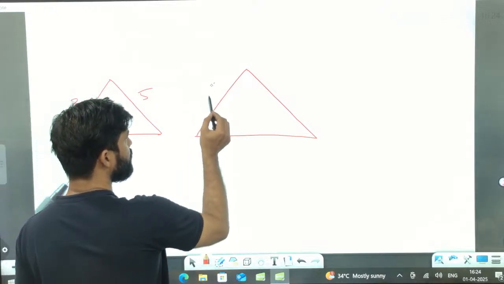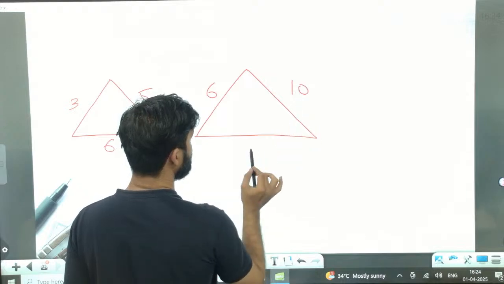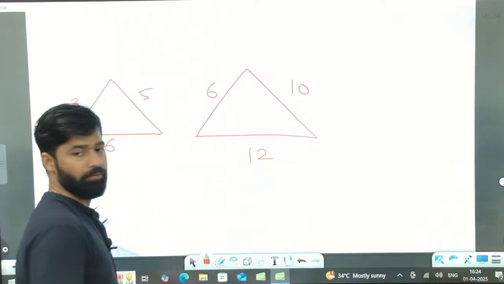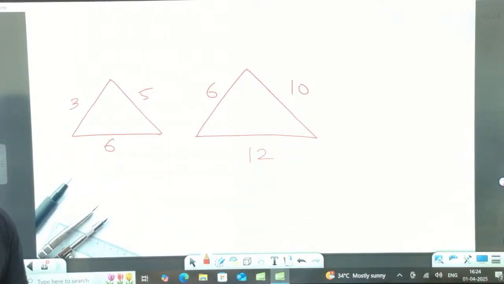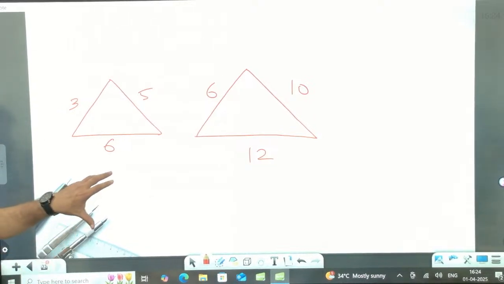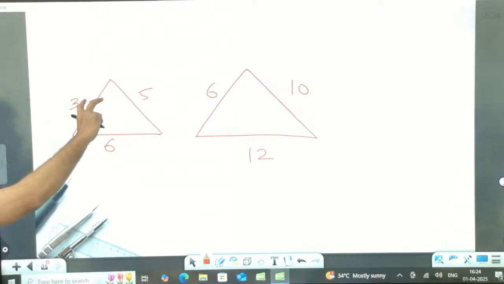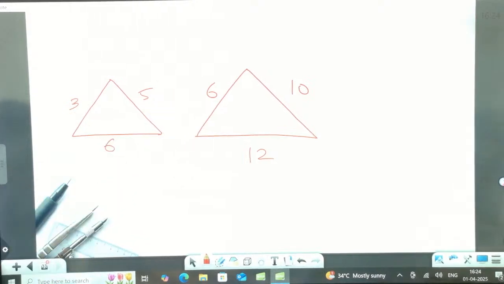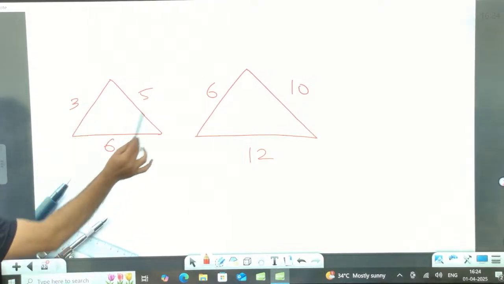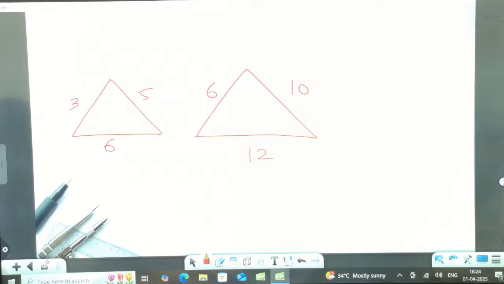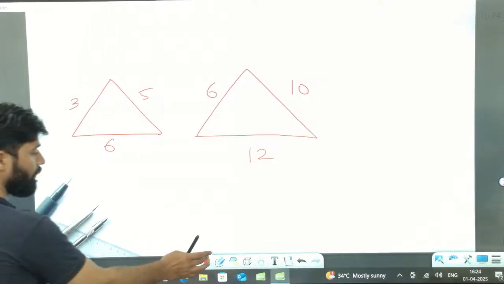This is 6, 10 and 12. The condition in a scalene triangle is that the lengths of the sides all are different. So this is a scalene triangle, and this is also a scalene triangle, where the lengths are 3, 5, 6 and 6, 10, 12 respectively. Okay, let's check the k factor.